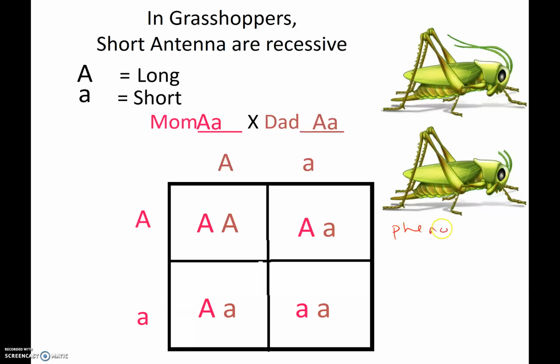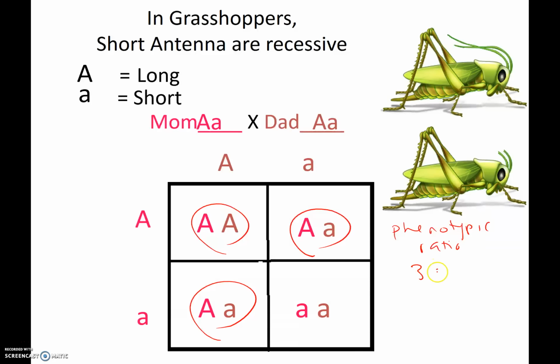Okay, good job. So then when we look at our phenotypic ratio, I'm going to see that I have 3 that are going to have the long antenna, because long antenna are dominant. And then I see that I have 1 that has short antenna. So my phenotypic ratio of 2 heterozygote parents is pretty much always 3-to-1.